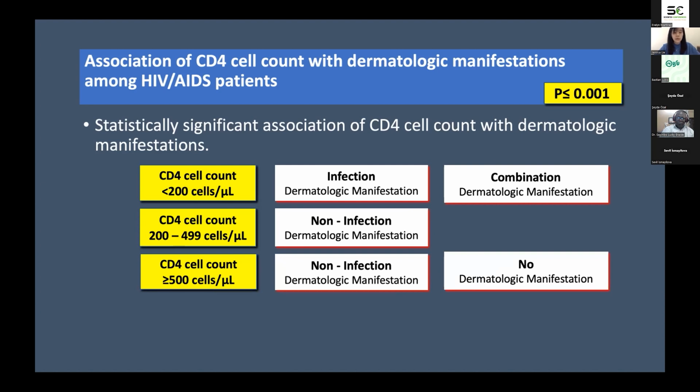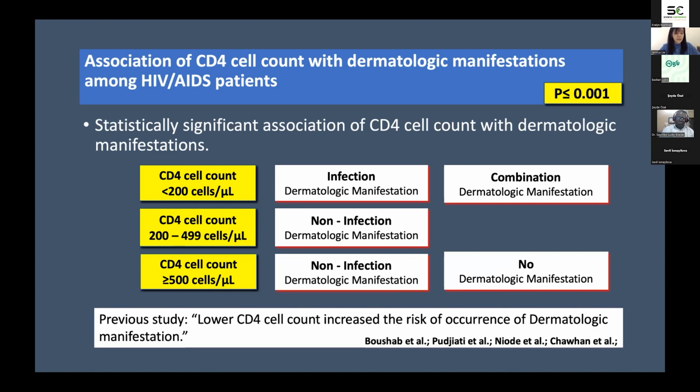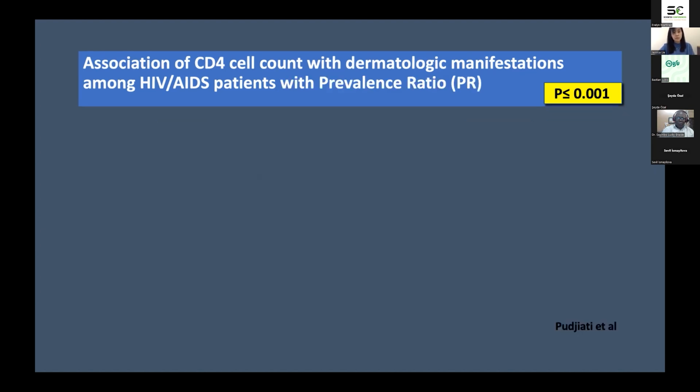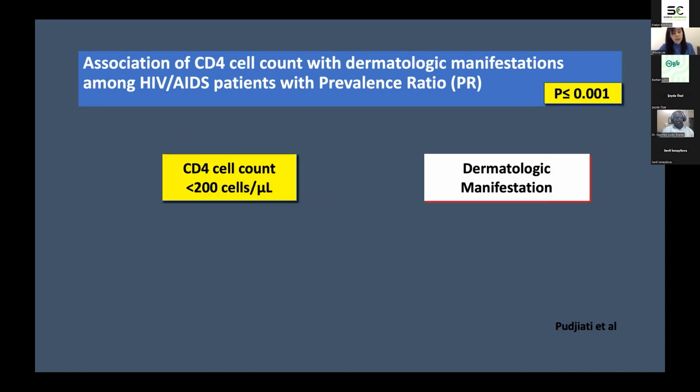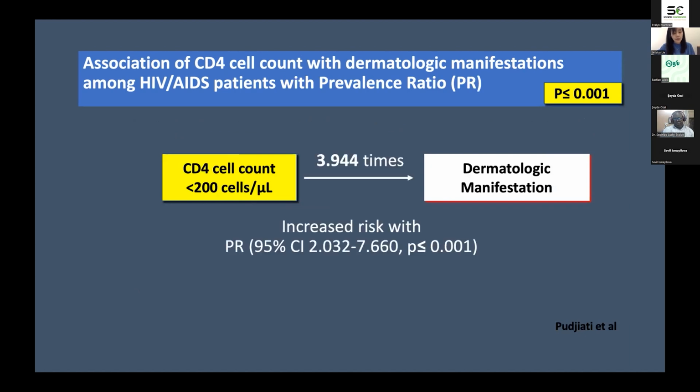This was in concordance with other studies that stated lower CD4 cell count increased the risk of dermatologic manifestation. This study found HIV/AIDS patients with lower CD4 cell count had an increased risk by 3.944 times of having dermatologic manifestations, with a prevalence ratio of 3. This was slightly higher than the previous study by Pujaty et al.